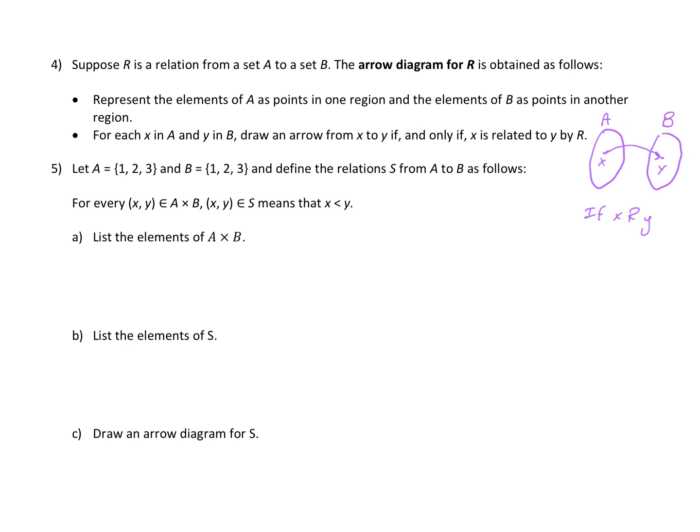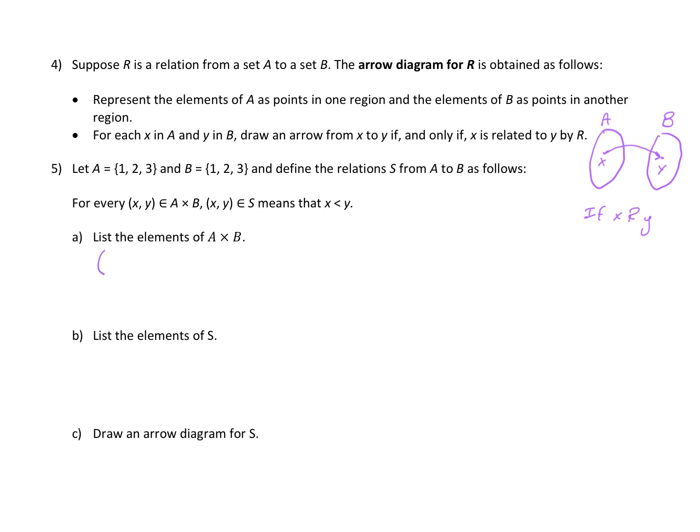All right, so let's look at an example. We have sets A and B. They both are the set {1, 2, 3}, and we're going to define a relation S from A to B so that for every (x, y) in A cross B, (x, y) will be in S if x is less than y. So let's list out all the elements of A cross B first.